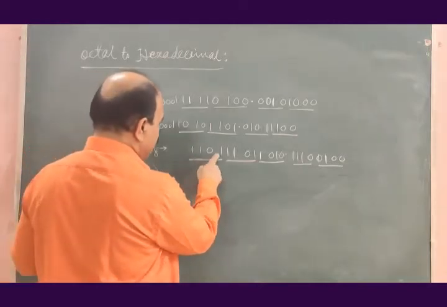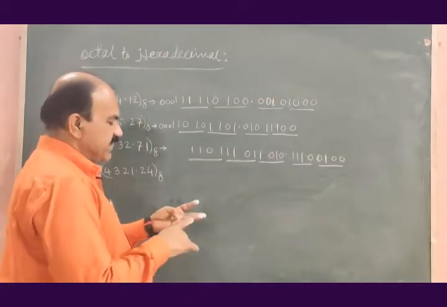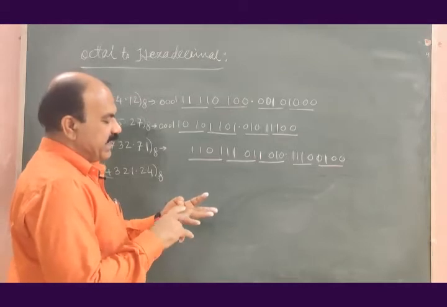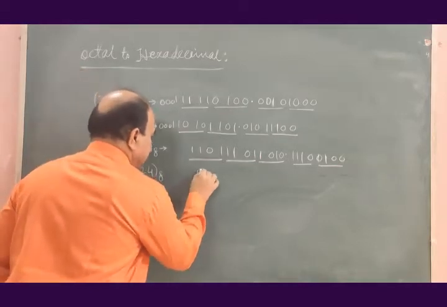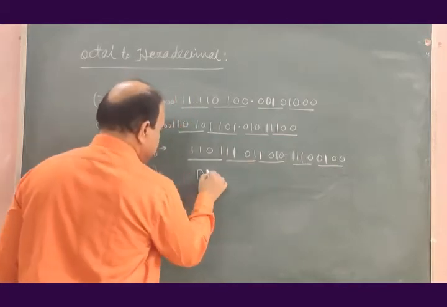This is 1 1 0 1, that is D, 13. This is also 13.